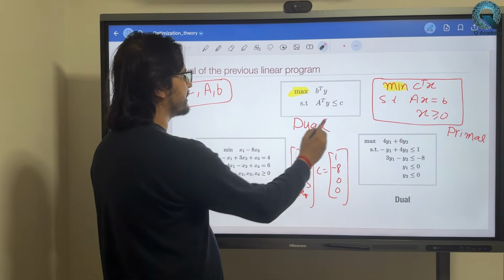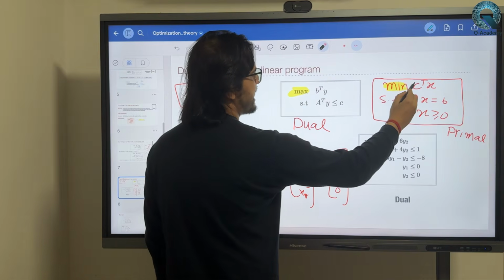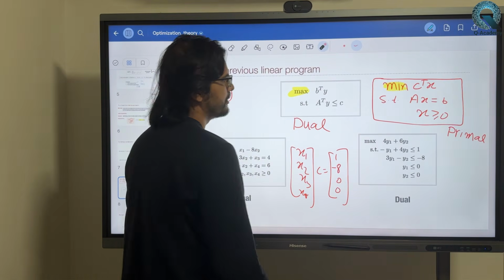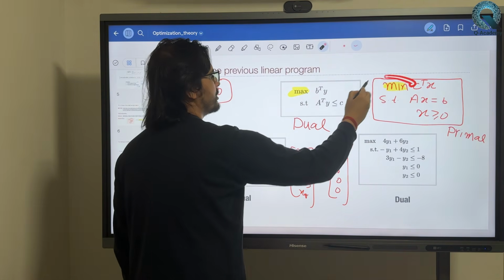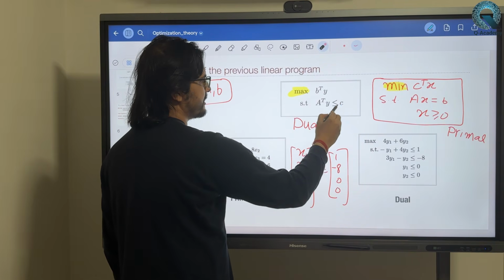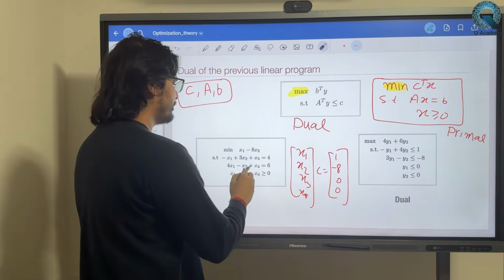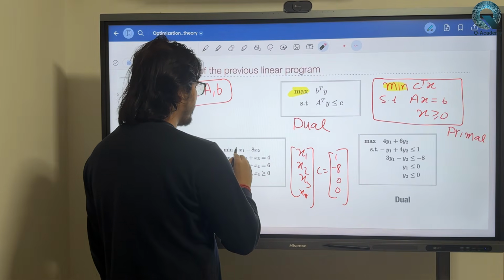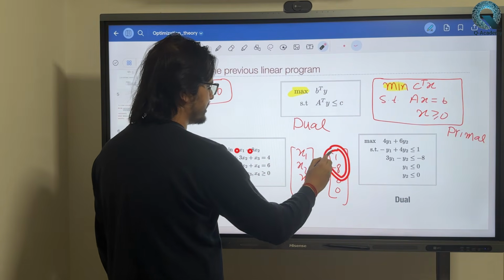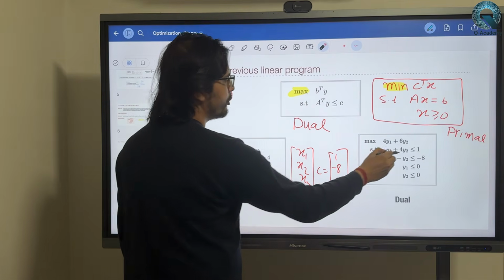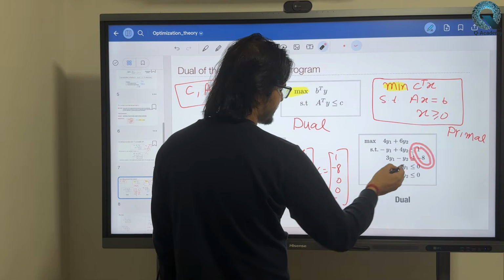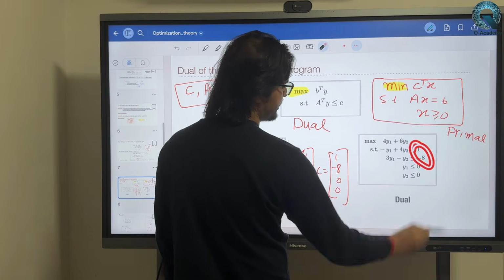Now you notice that the C which appears here in the objective goes in the constraints as bounds of the dual. Here we have 1, -8, that C goes in the bound, 1 and -8, you see here.